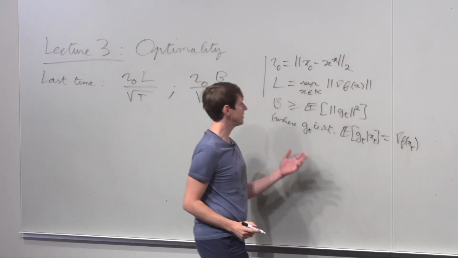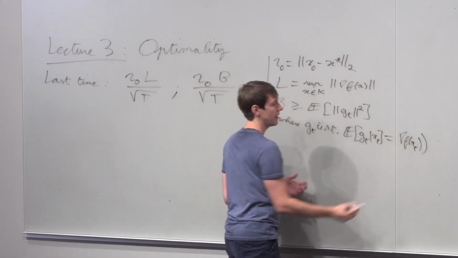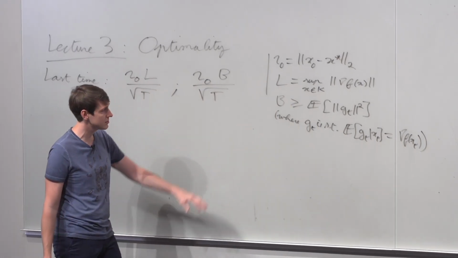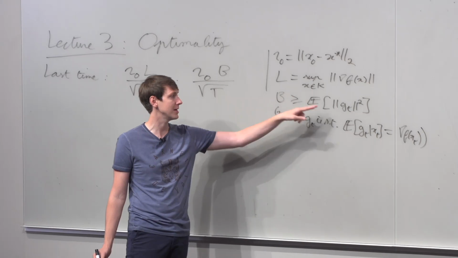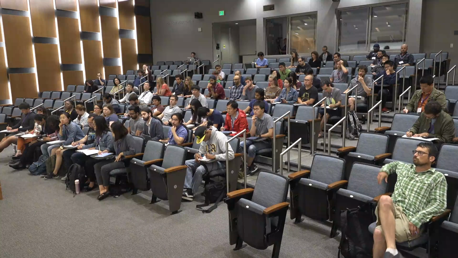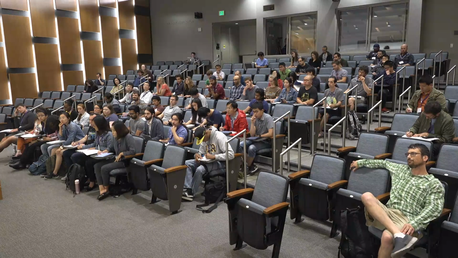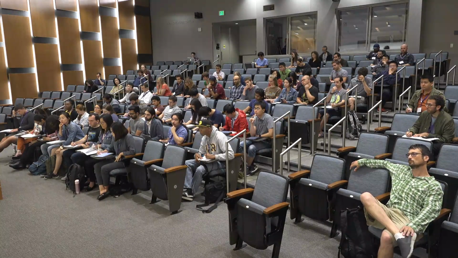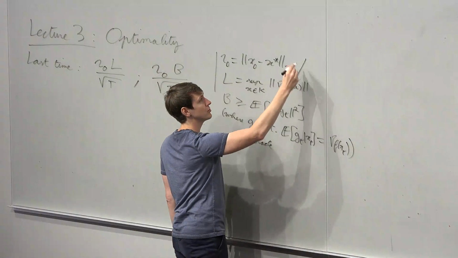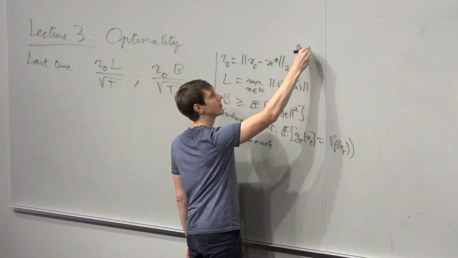So you remember, if you just do gradient descent with random gradients instead of actual gradients, everything was fine provided that you get an upper bound on this variance term. I will refer to this as a random oracle. And when you can actually compute the gradient, this is a gradient oracle.